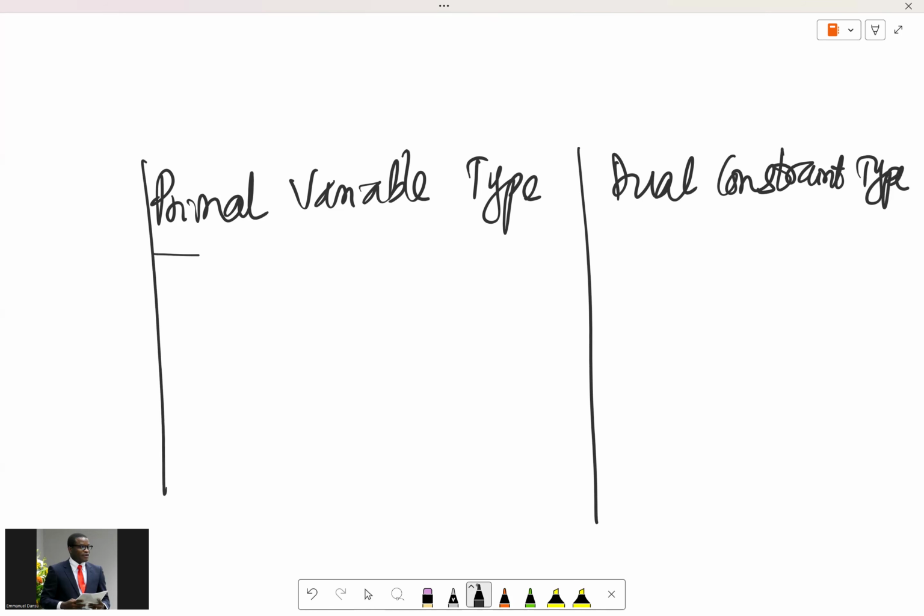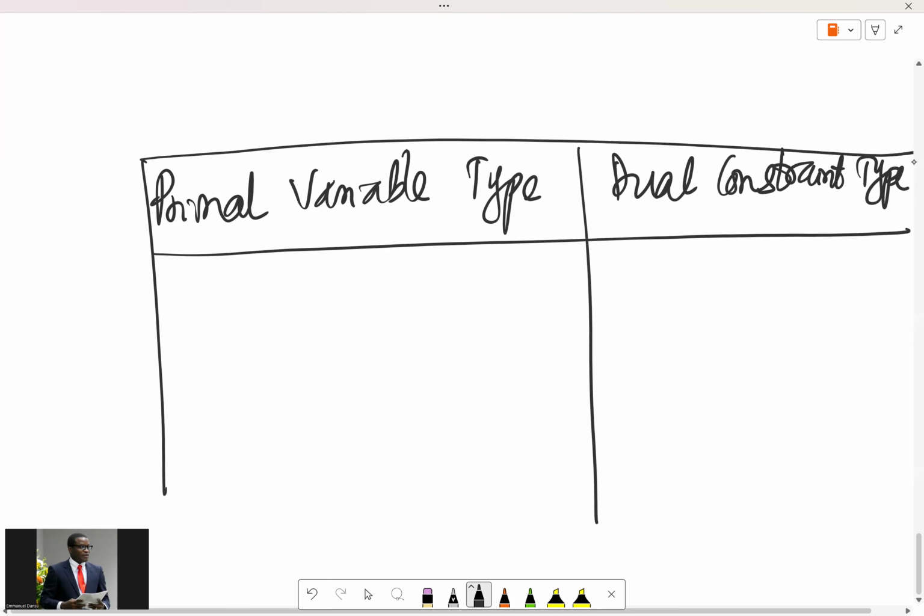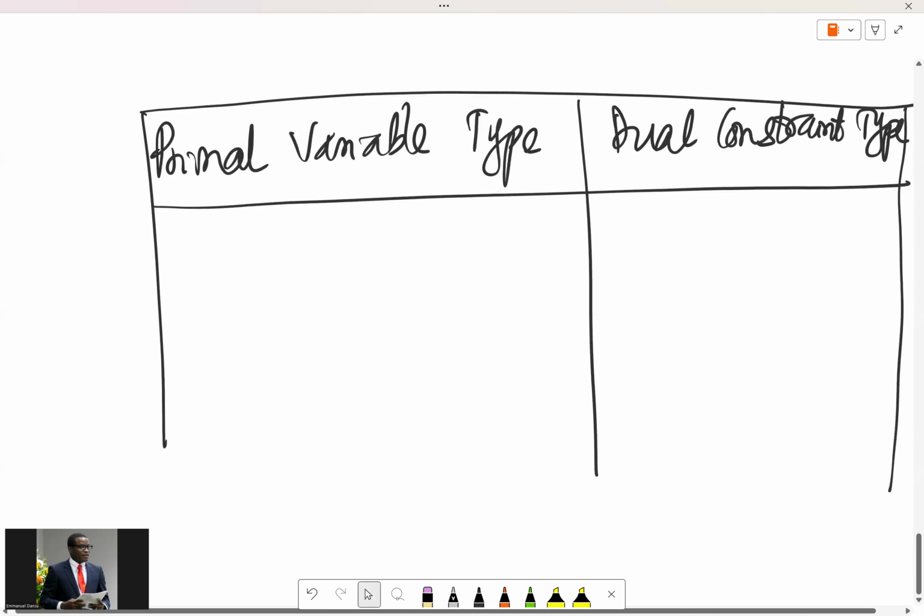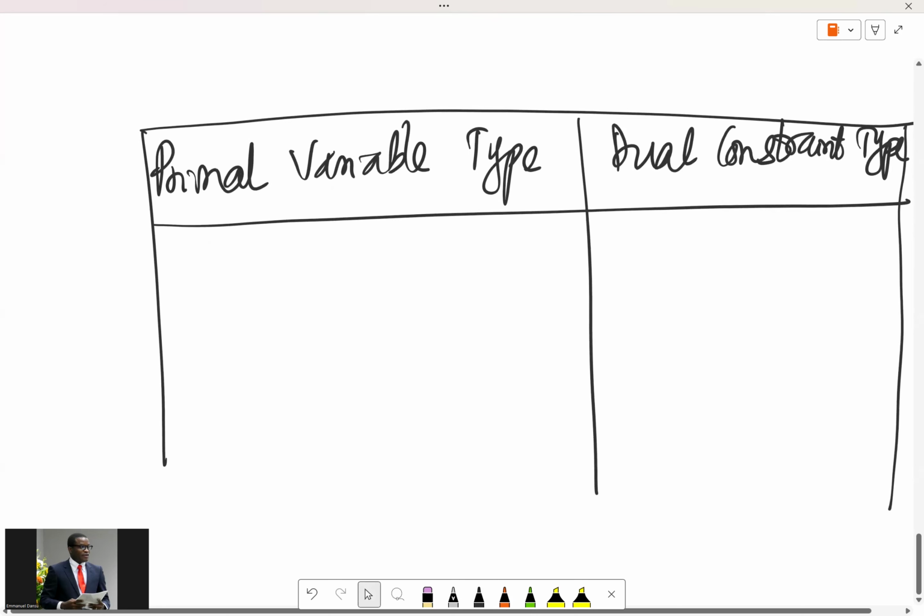And there are basically two variable types, so we can just have those two.